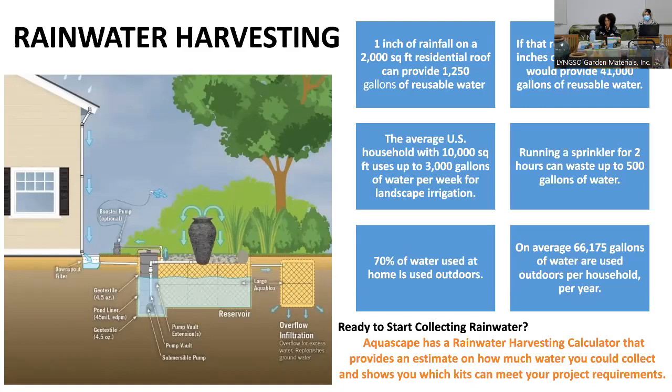It's tens of thousands of gallons per year that you could be saving. So if you're interested in something like this, Aquascape provides a lot of different kits and components based on your installation requirements. And they actually have a calculator which shows you how much water you could collect and which kit would be the best for your design goals.